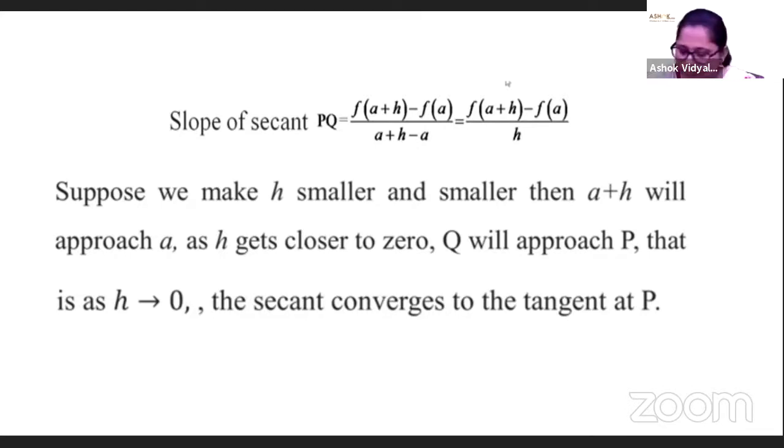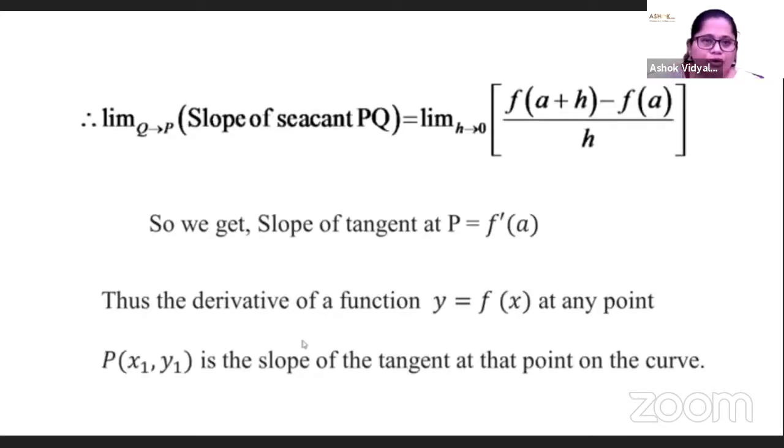We can find the slope of the tangent by taking the limit as Q tends to P of the slope of secant PQ. Here, limit as h tends to 0 of f of a plus h minus f of a upon h.